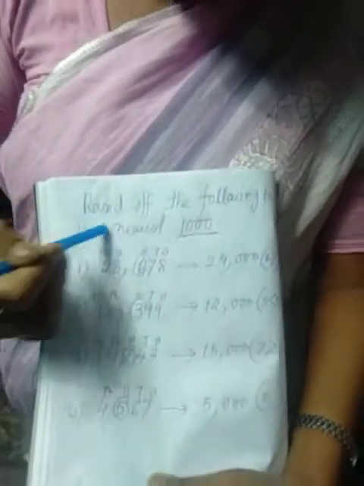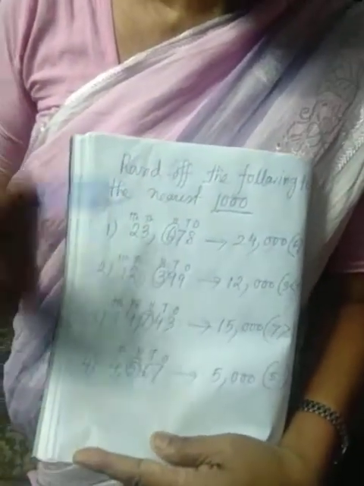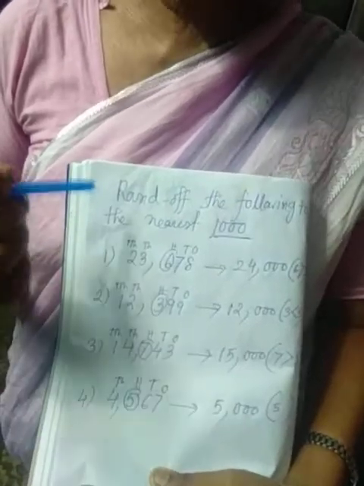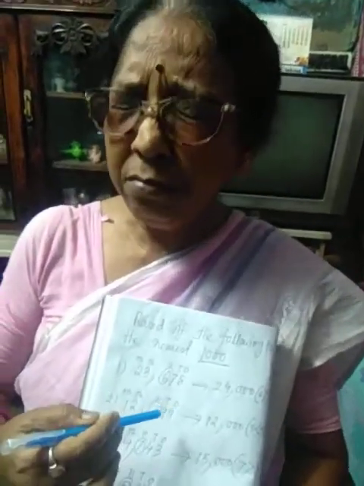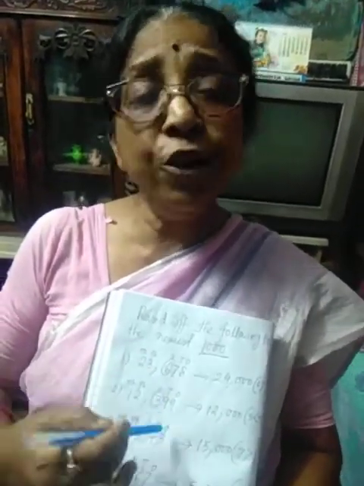If we say round off to 1000, we have to notice the 100 place number. If the 100 place number is 5 or more than 5, we add 1 to the 1000 place number, and after this we put 0 according to the digits.